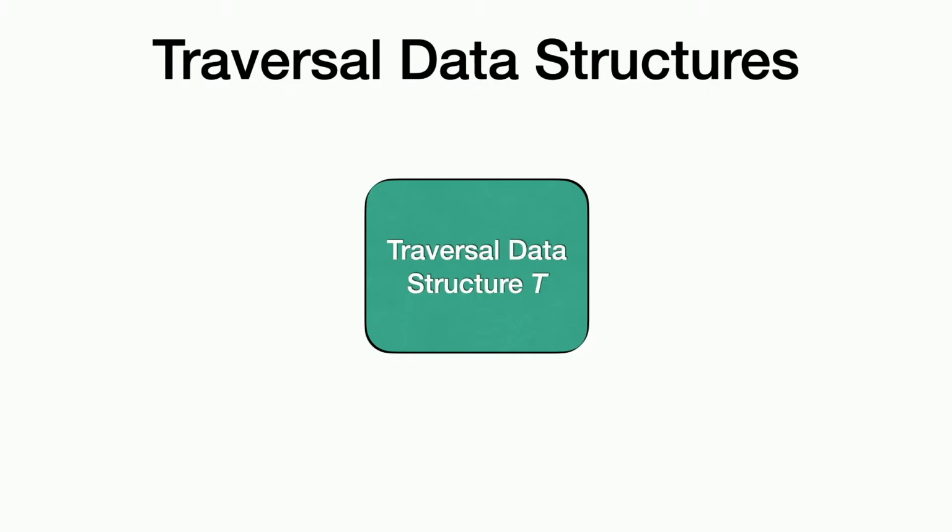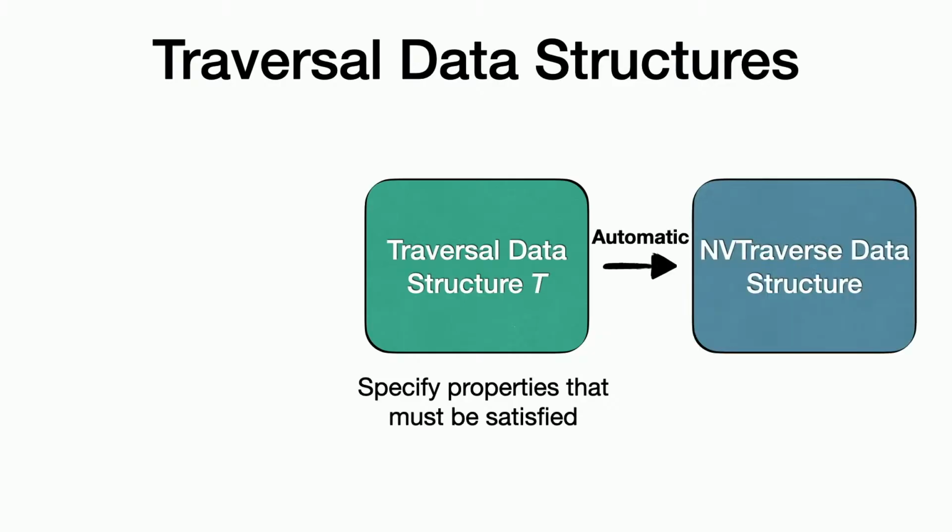We're going to define what a traversal data structure is. And basically, it's a data structure that follows some traversal, like a tree, like a linked list, and doesn't heavily depend on that traversal, and we define that in the paper. Once you give me a traversal data structure that satisfies lock freedom, I can automatically convert it into a persistent data structure.